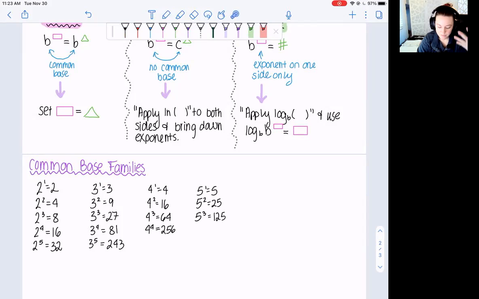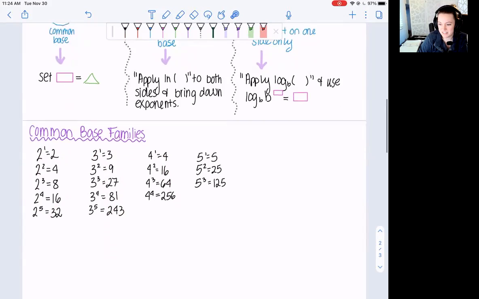So each of these are common base families. So 2, 4, 8, 16, 32, they are all in the same common base family. 3, 9, 27, 81, 243, they're in the same common base family. 4, 16, 64, 256, all in the same common base family. These are all powers of 4, all powers of 3, all powers of 2. And this is going to come in handy.